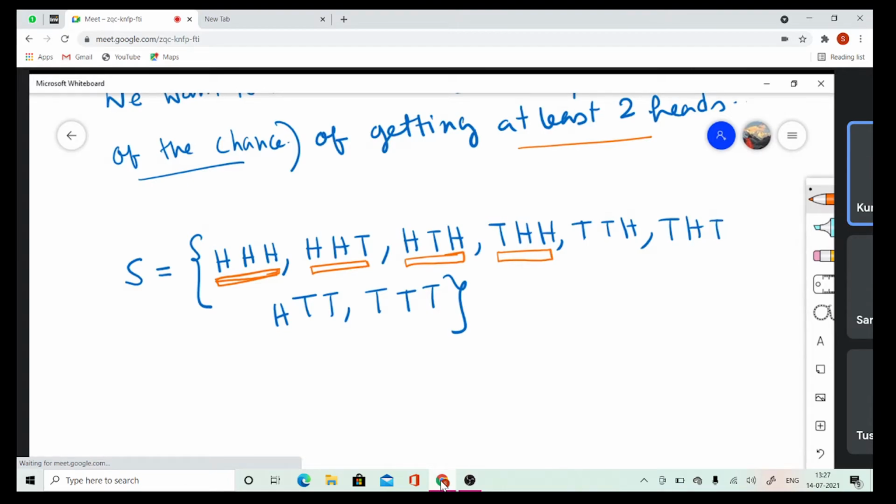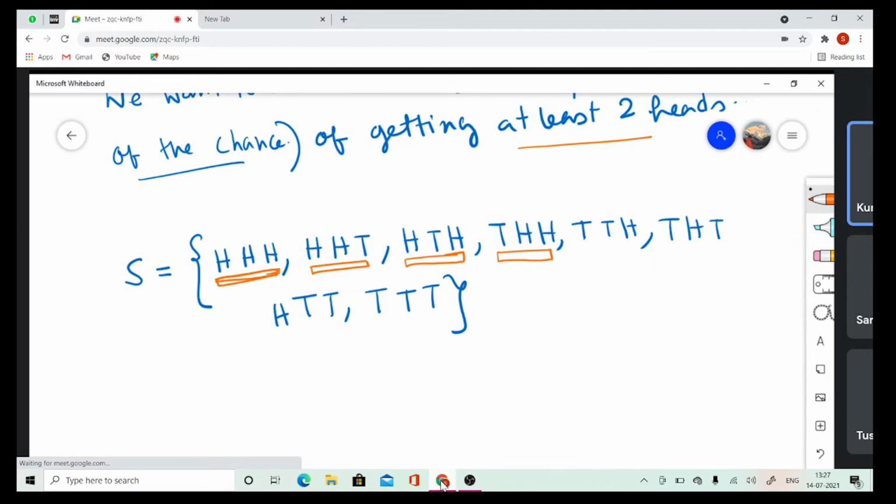I am saying this in Bengali once more: if the sample space is finite, finite means you have a countable sample space and it is not countably infinite. Finite means you can count and you can finish counting.